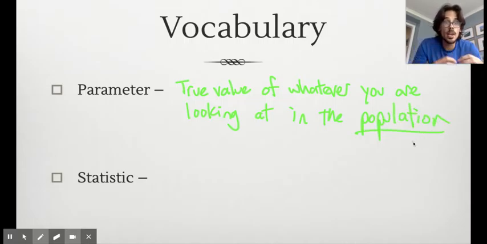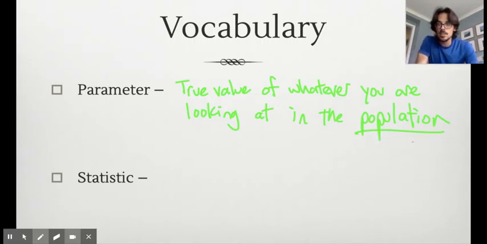Okay, so the parameter is the actual true value of whatever you're looking at. That could be a mean, it could be a median, it could be Q1, it could be the standard deviation. It doesn't really matter, just whatever you are looking for. The true actual value for the whole population is called a parameter.